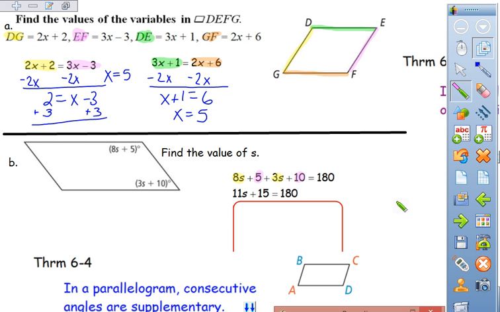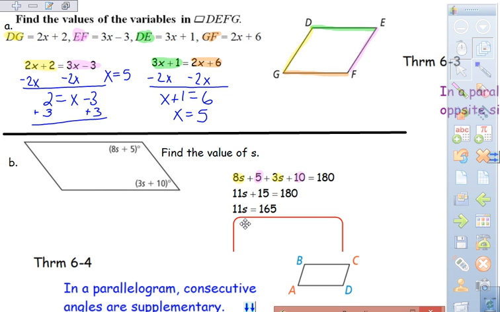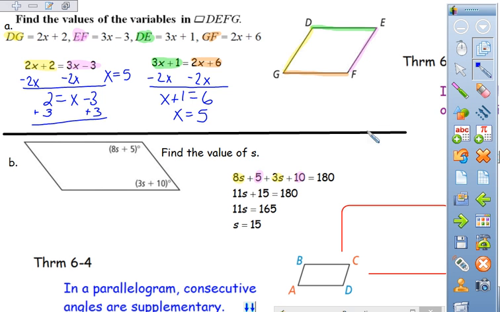If I combine like terms, the yellow makes 11s and the pink makes 15. Subtract 15 from both sides, and I get 11s equals 165. Divide by 11, and s is equal to 15. So we found the value of s.